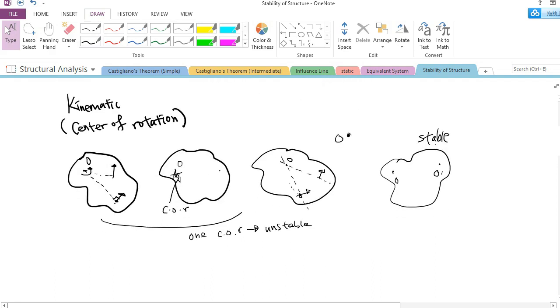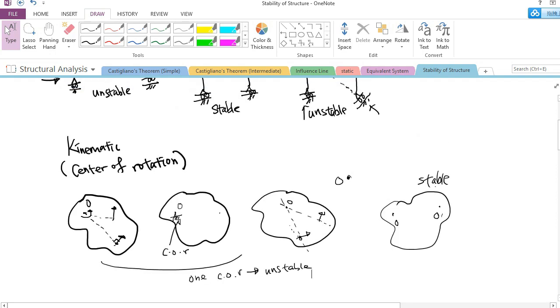Before I start, I still need to talk about an extra case. Let's say I have two bodies that touch at a point called O, body 1 and body 2. Let's say for body 1, the center of rotation is here.